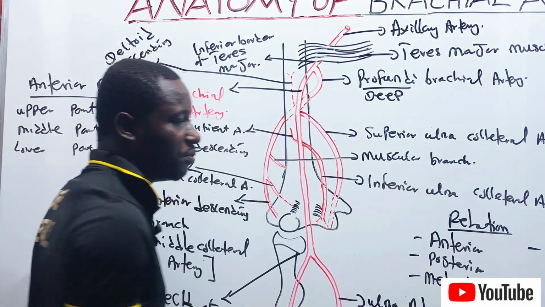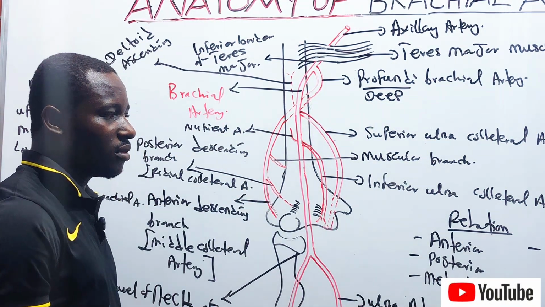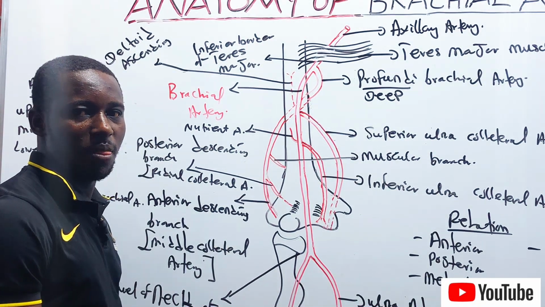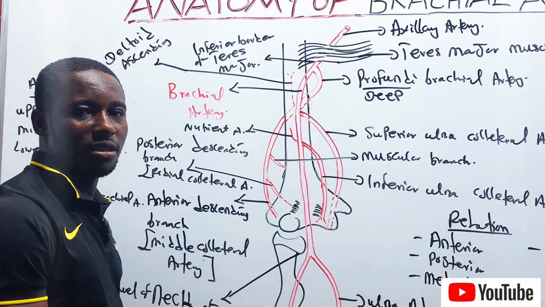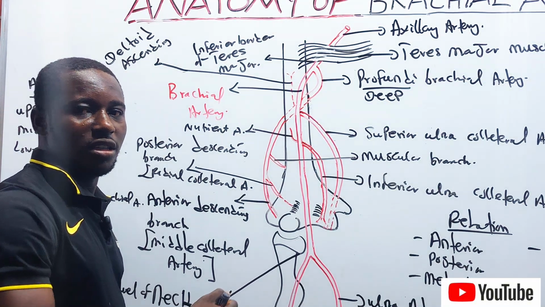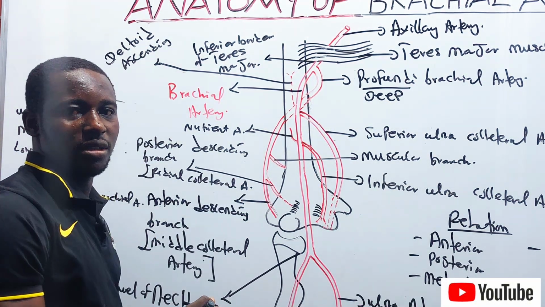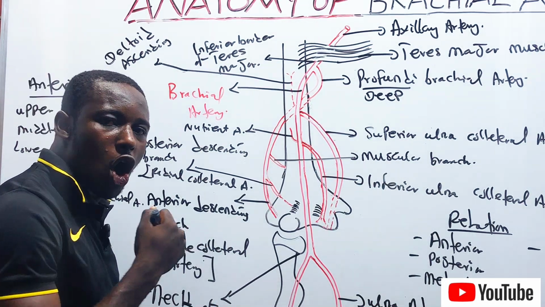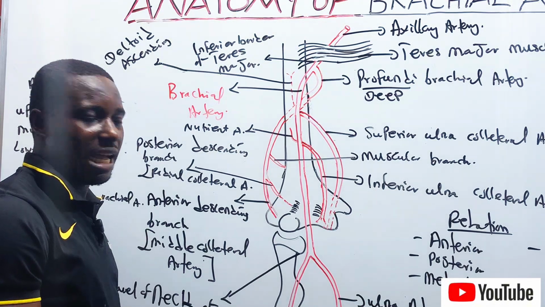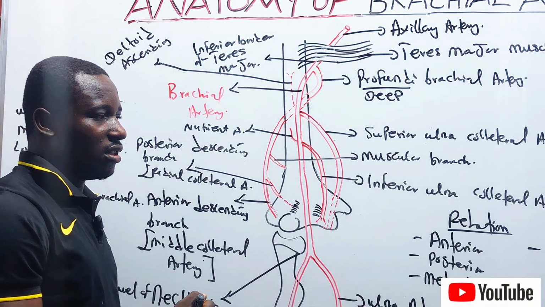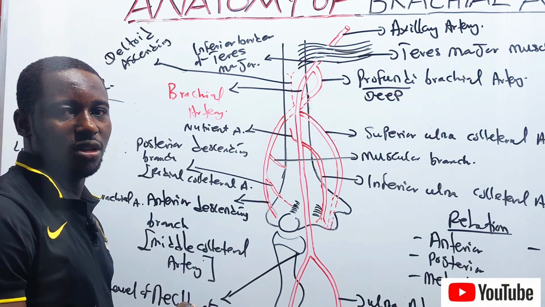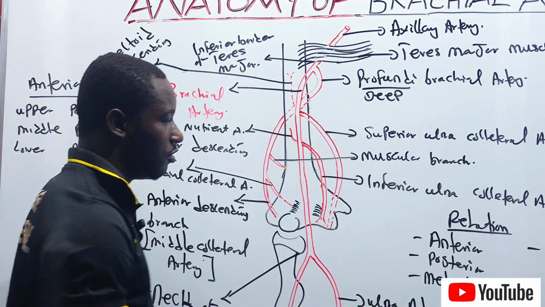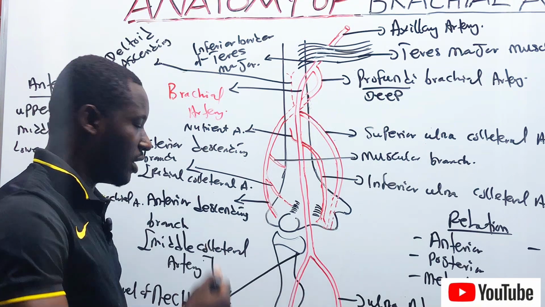The lateral relation, it is related to very important structures: the biceps brachii, the coracobrachialis on the upper part of the arm, and the biceps tendon on the lower part of the arm. That is all about the relation of the brachial artery.